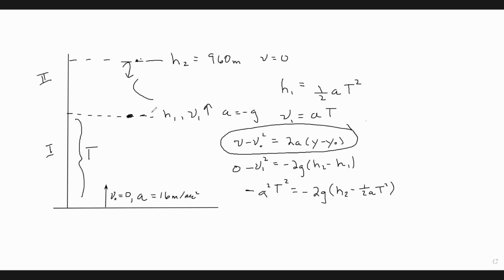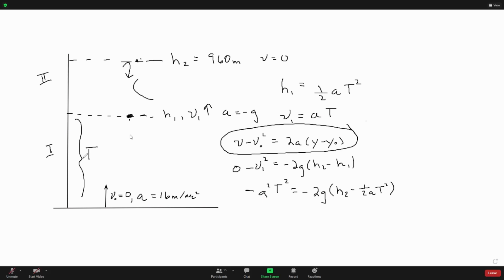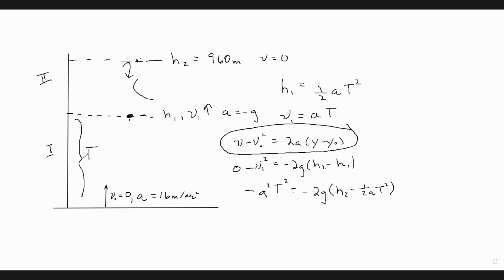If you want to write down an equation involving time for this part of the motion, that T has nothing to do with this T. Okay, right. Yeah, I think I know where you're going with this. I just need a little more time to look through it myself. Okay, yeah, thank you.